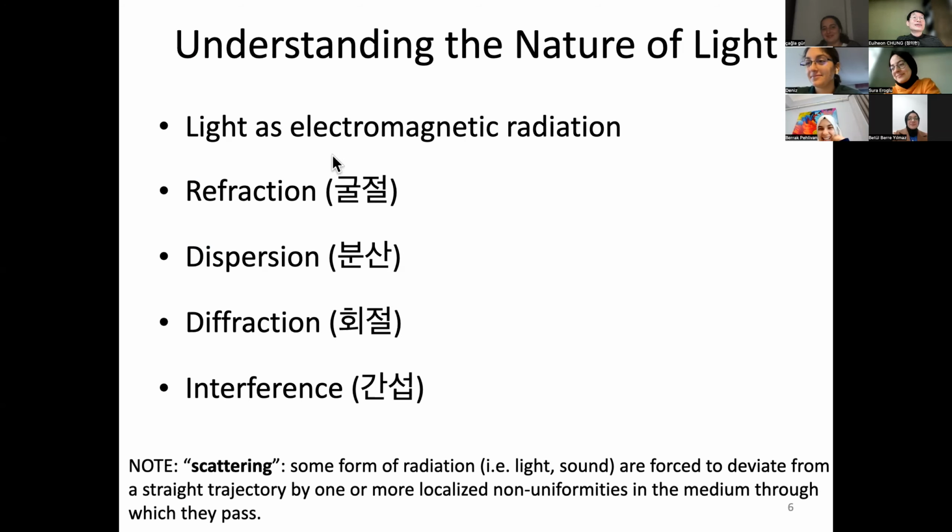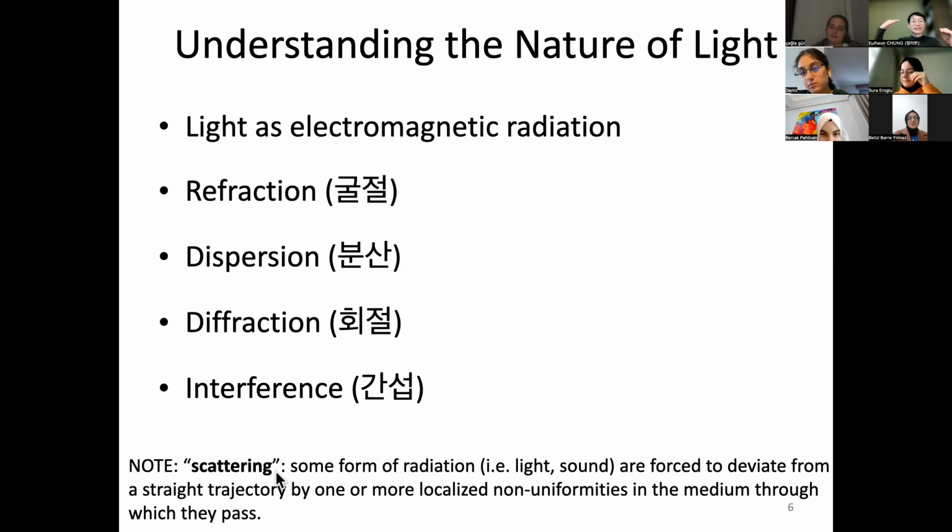So we are dealing with light, and light is electromagnetic radiation, which I hope everyone understands. And there are some very important characteristics such as refraction, dispersion, diffraction, and interference. And we sometimes use the word scattering.